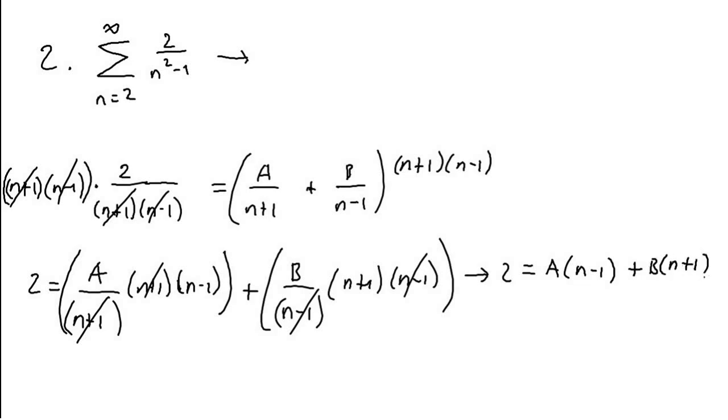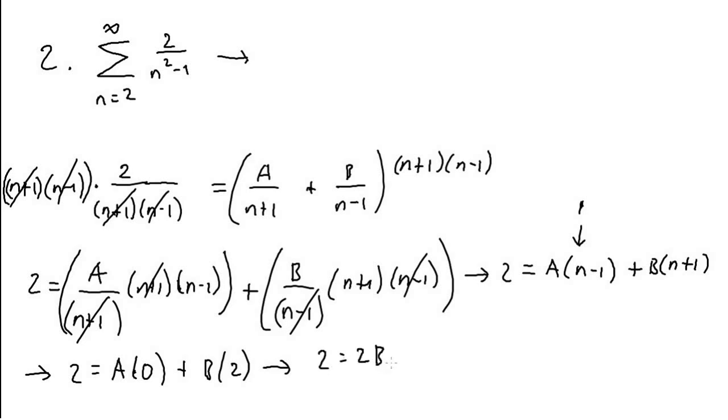So now all I have to do is plug in a number for n that will cancel out one term and solve for the other term. Let's say I plug in 1 for n. I'll get 2 equals a times 1 minus 1, which is 0, plus b times 2, or 1 plus 1, which is 2. So 2 equals 2 times b, which means that b is equal to 2 over 2, which is 1.